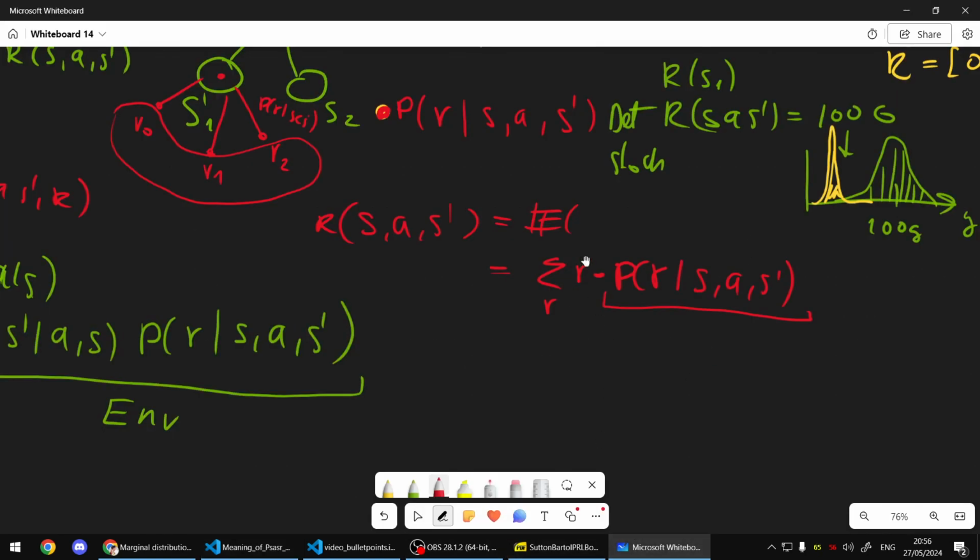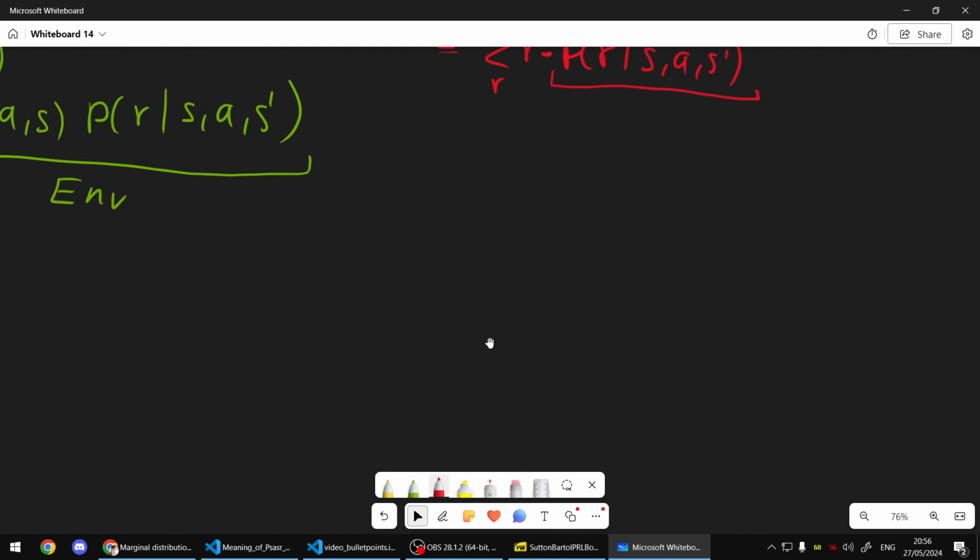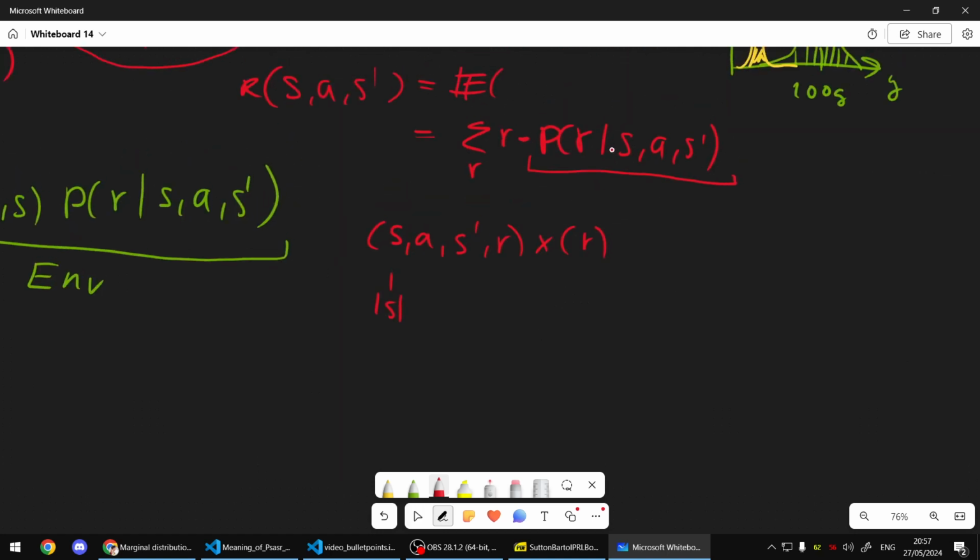You can write it in terms of matrix dimensions. S in here is the length of S, our dimensions of matrix R. We just straight up multiply by R, which is a reward vector.